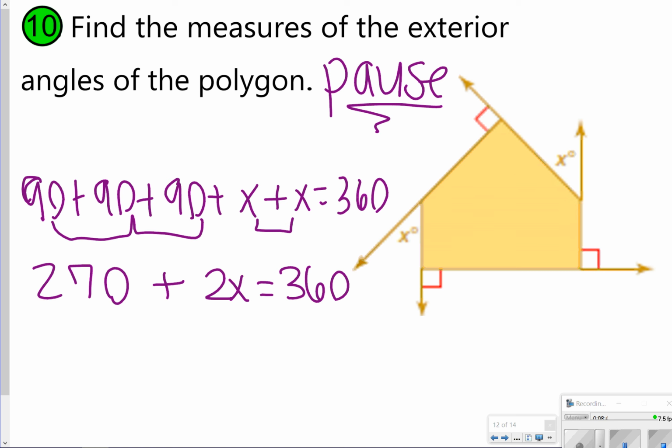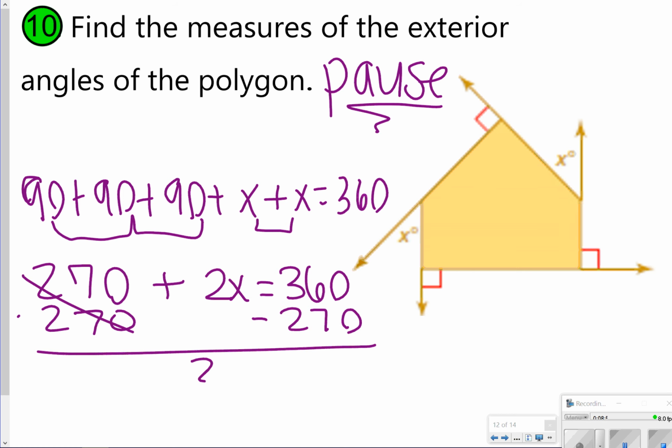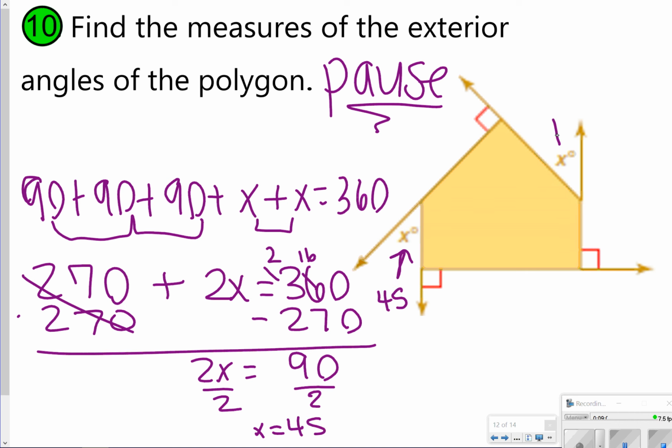I'm going to subtract 270 from both sides. So these cancel out. I'll get 2x is equal to, what is that, 90? Good. And then divide both sides by 2. x is equal to 45. So this angle measurement is 45, and this angle measurement is 45.